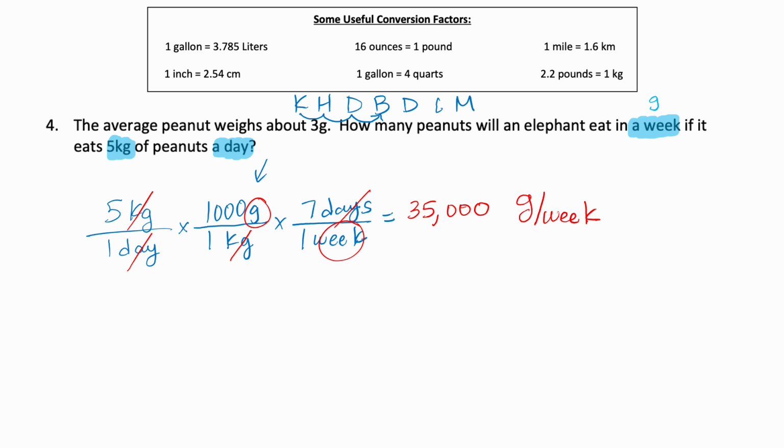So now in order to find out how many actual peanuts that is, I'm just going to divide by 3. And that's going to give me 11,666.67 peanuts per week.